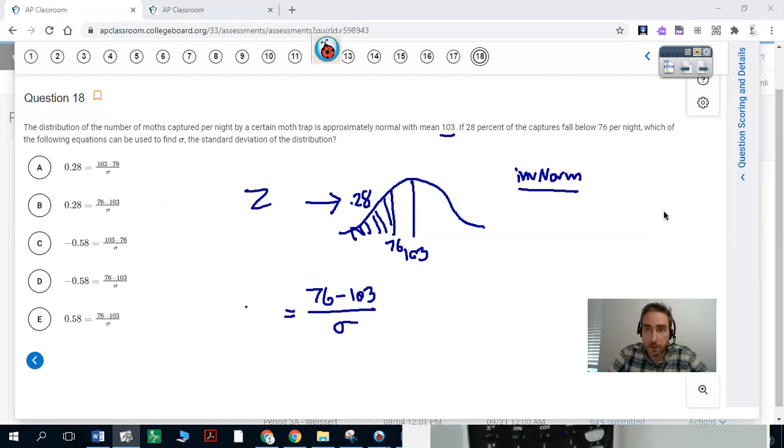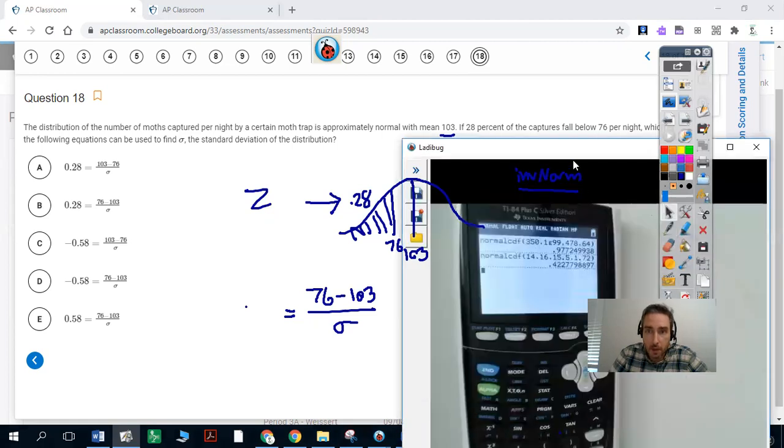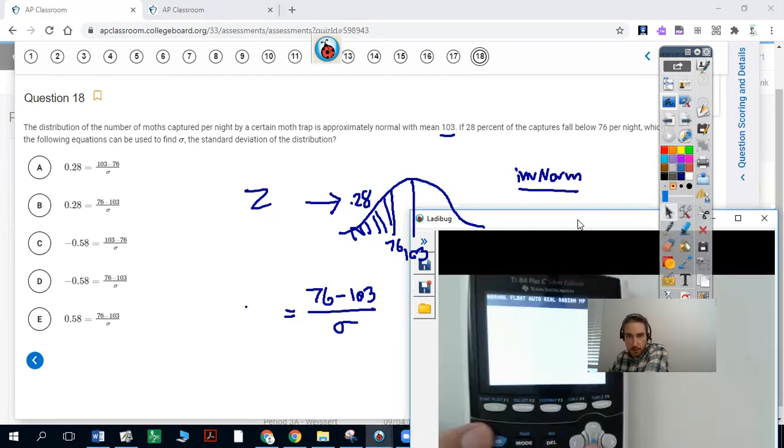Let me go through that process here. Do the inverse norm. Second vars, go down to 3. Your area is going to be 0.28. You leave your mean and standard deviation at 0 and 1 because you want to find a z-score. Okay, your z-score is when the mean is 0 and standard deviation is 1. So that z-score is negative because it's less than that mean of 0. So negative 0.58 is your z.